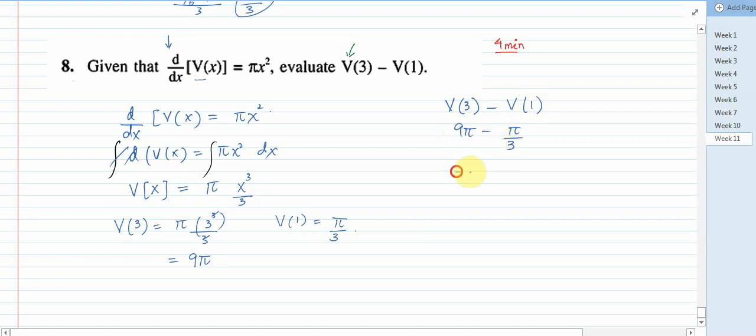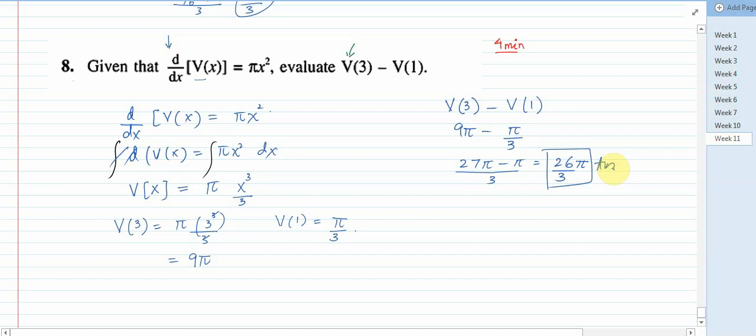Taking LCM, 3 nines are 27π minus π, and it's equal to 26π/3. Alright, so that is your final answer, 26π/3.